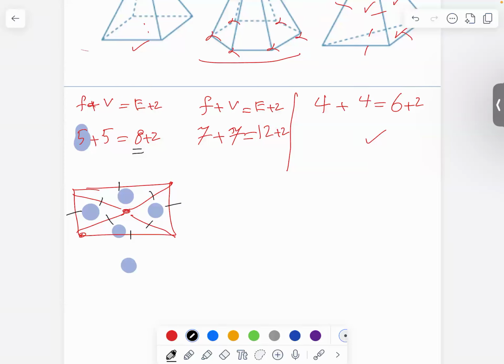And what's the meaning of tetrahedron? No. Let me see.